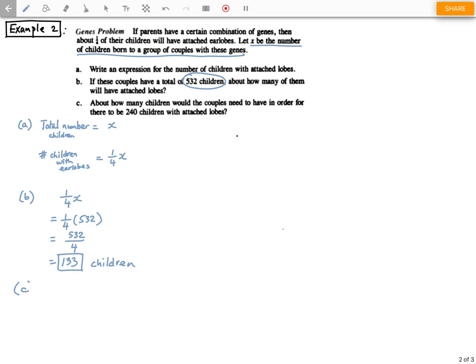And then finally, example 2C. About how many children would the couples need to have in order for there to be 240 children with attached earlobes?